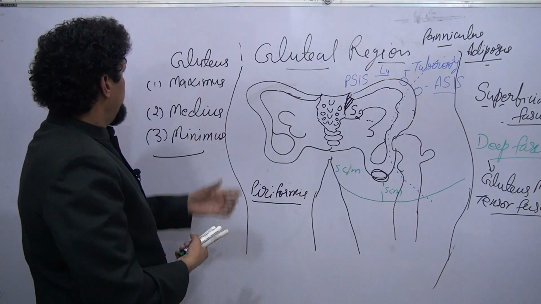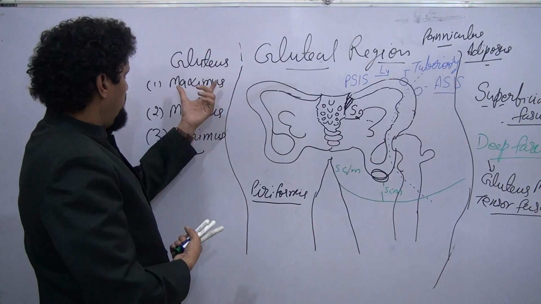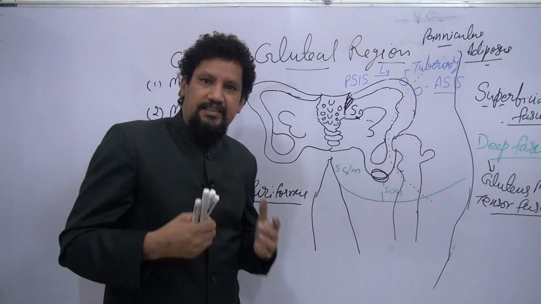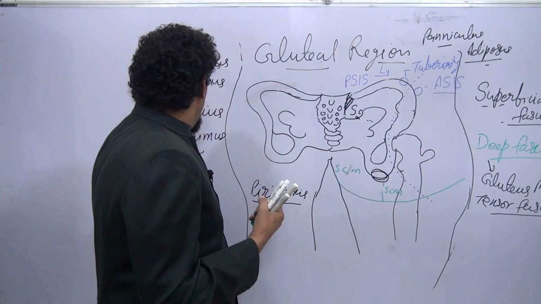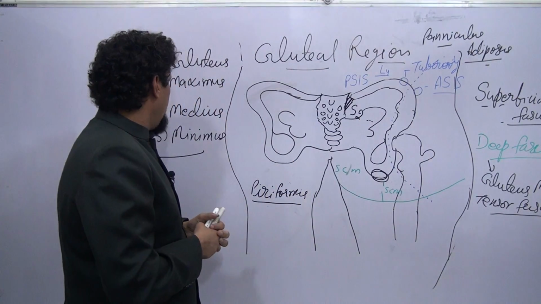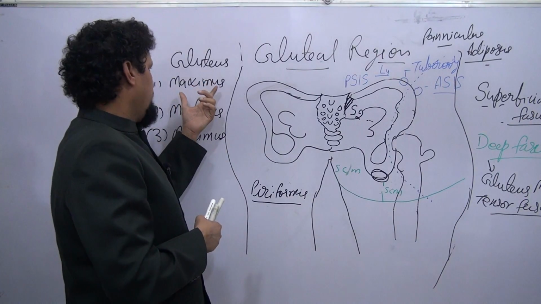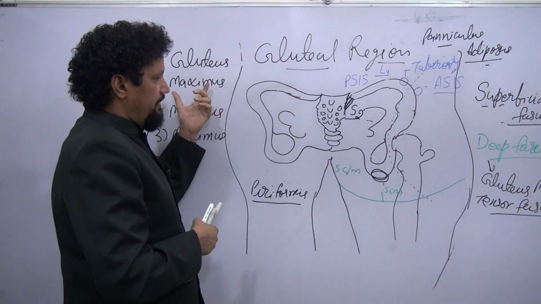The gluteus maximus is a strong, bulky, big muscle having the most densely organized fibers or fasciculi in the whole body.